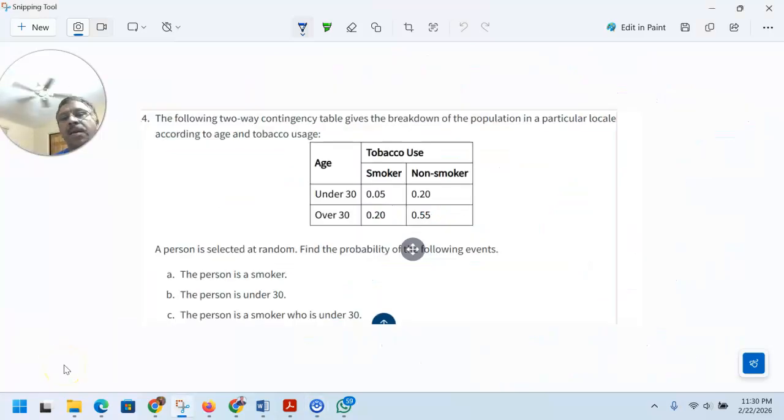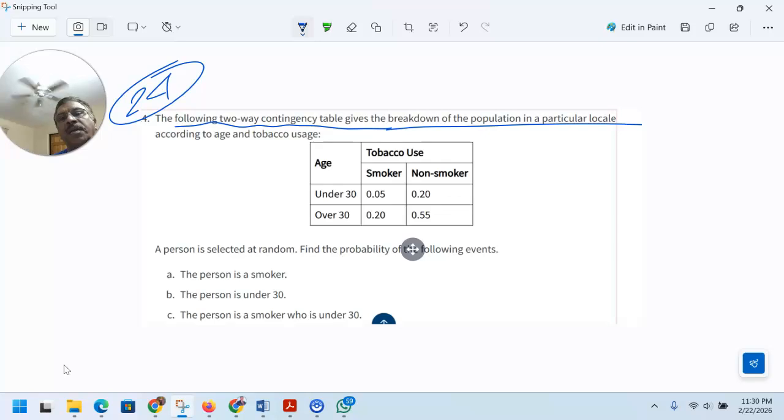Question number 24. The following two-way contingency table gives a breakdown of the population in a particular locality according to age and tobacco use. You can say age under 30 and over 30, and tobacco use is smokers and non-smokers. They already give us the numbers.